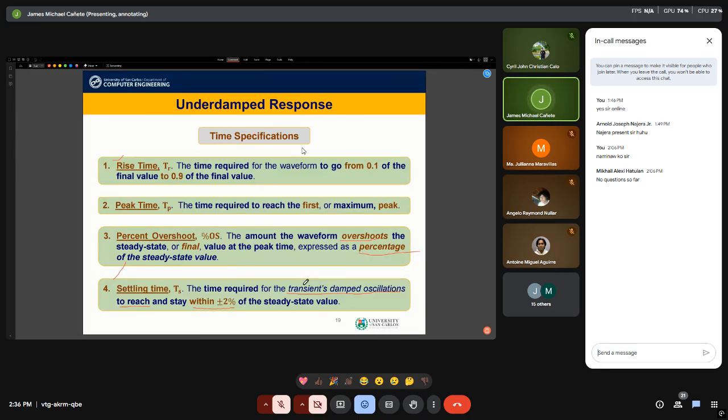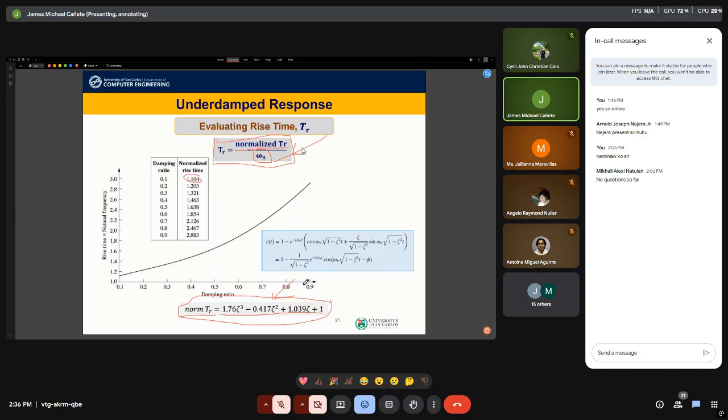So how do we calculate these 4 time specifications of second order systems? The most important here is the damping ratio. If you read the textbook, I think it takes 2 pages just describing why the rise time in second order systems has a lot of factors when you calculate it.